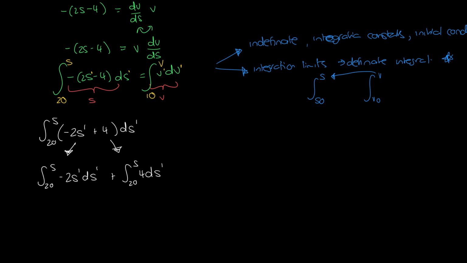I can also take out the constants, so this becomes minus 2 times the integral of s prime ds prime, plus 4 times the integral of ds prime. Bear in mind, I'm doing this the long way, trying to cover as many possible questions as possible from someone watching the video. You can skip some of these steps if you're comfortable with integration.